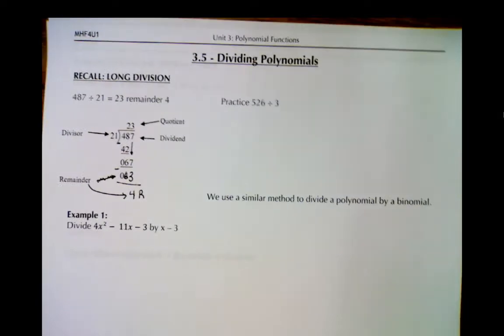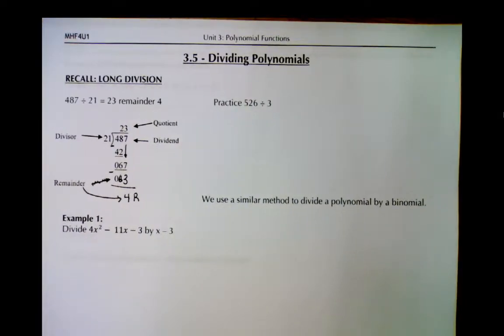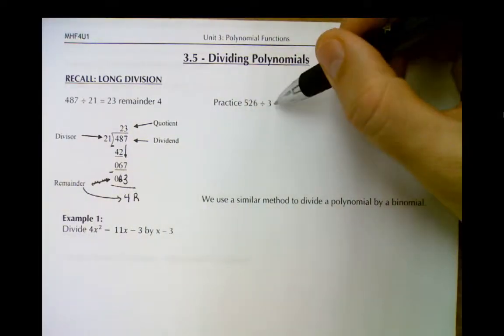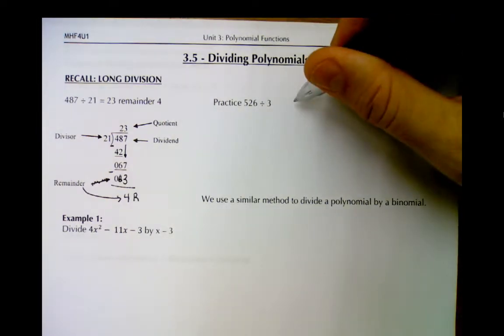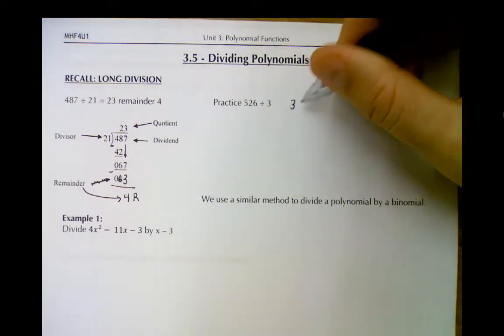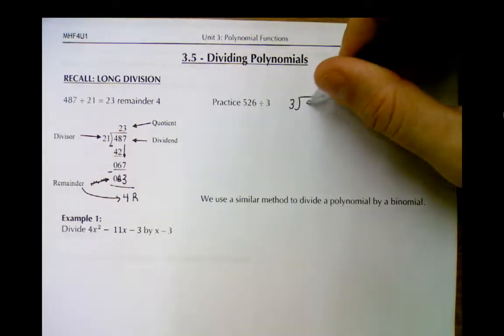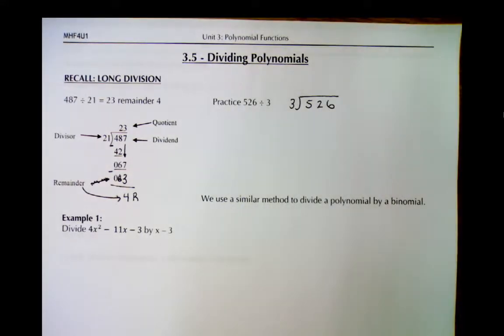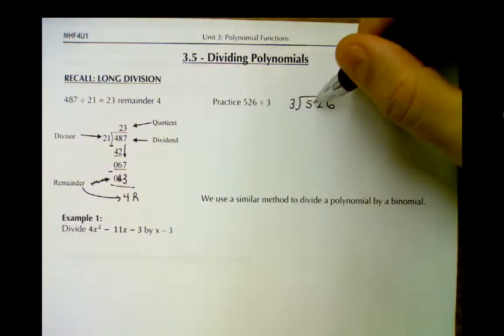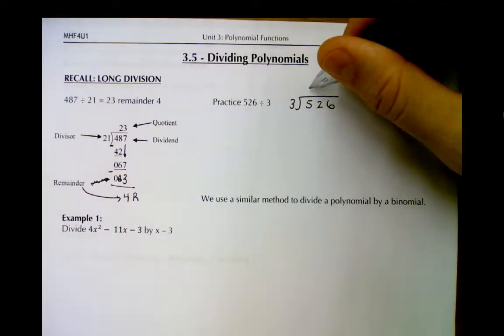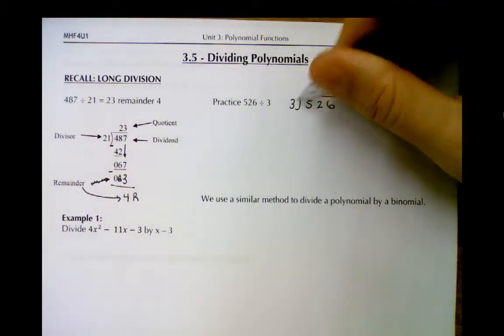So let's try one to practice. We'll try to divide 526 by 3. We'll start by writing our divisor 3, our dividend 526, and we'll start the process. Can we divide 5 by 3? The answer is yes. How many times does 3 fit into 5?